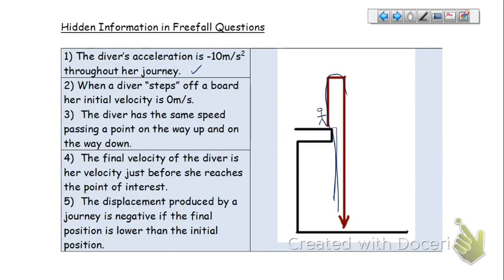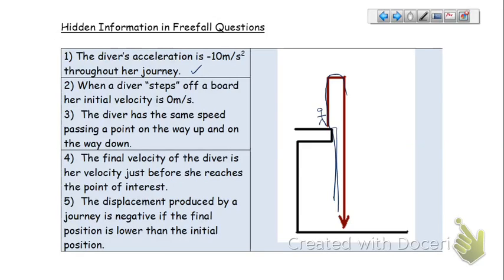These equations only work when there's a constant force acting on you. They work from the instant you let go of the board to the instant before you touch the water. So you've got to be careful about where you start and where you end and not include bits that are not part of the free fall path.